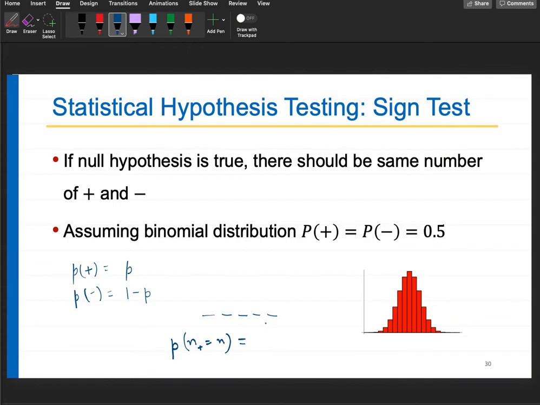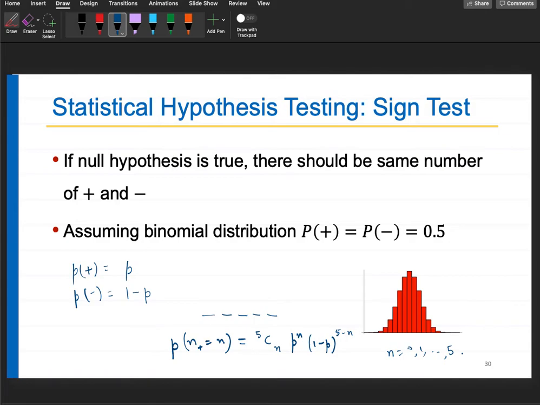Very good. In this case, 5 choose n, then p to the power n, times (1 minus p) to the power 5 minus n. And n can vary from 0, 1 to 5. That is it. So this is the distribution which we are assuming.